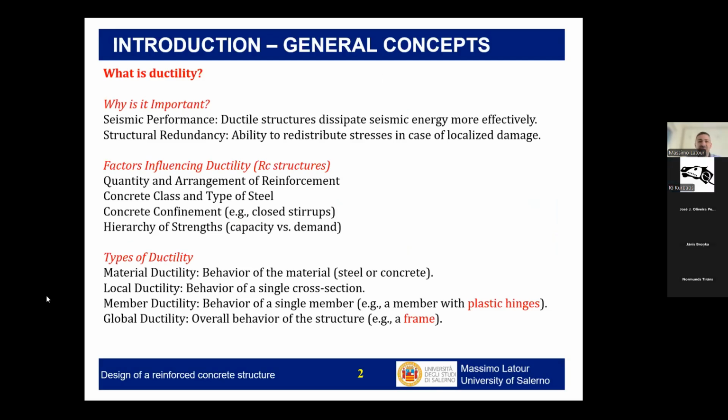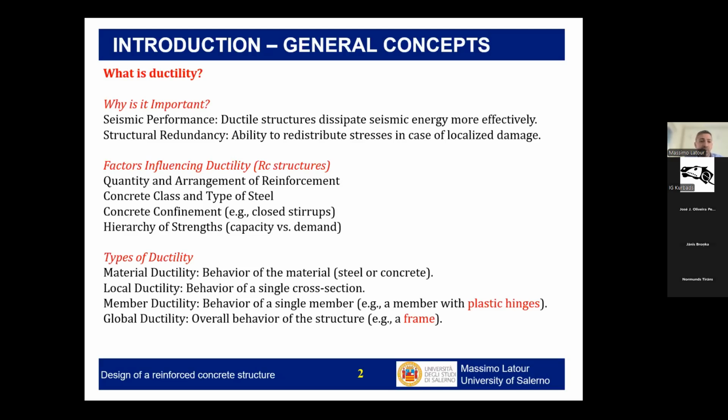So I wanted to say that mainly we have to deal with ductility because, in some simple cases, we can still follow the idea that we design the structure to be fully elastic. But this is normally not very efficient in terms of costs, because we have to design the structure for higher forces.